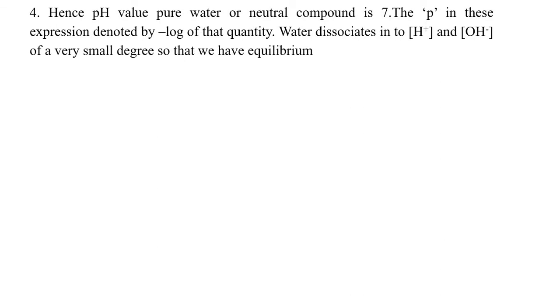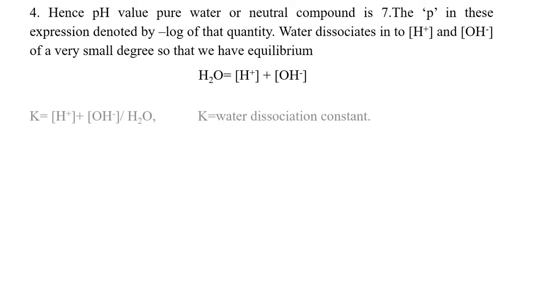The p in this expression is denoted by minus log of the quantity. The water dissociates into H plus ions and OH minus ions. Therefore, the equation is given as H2O gives H plus ions plus OH minus ions. The square bracket represents the concentration of the H plus ions and OH minus ions.